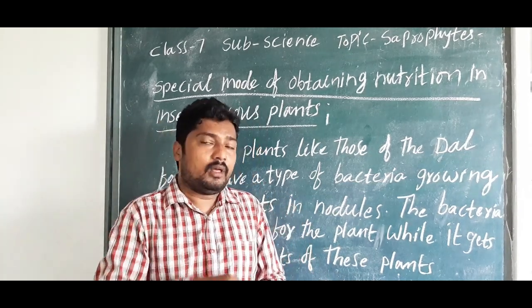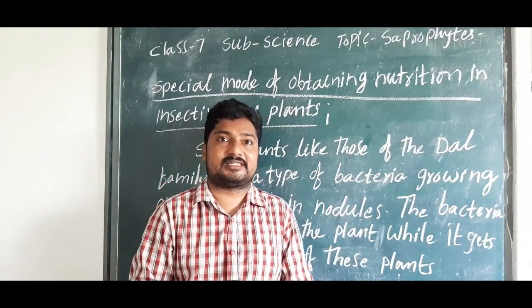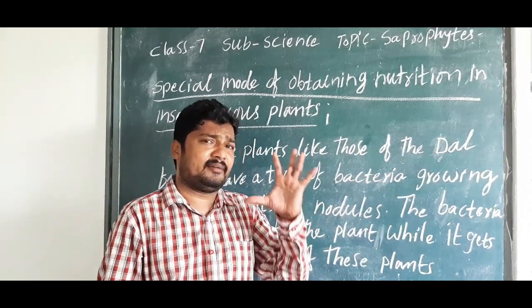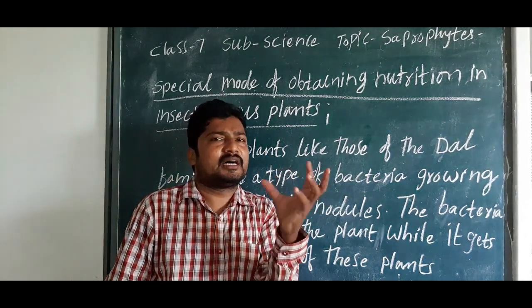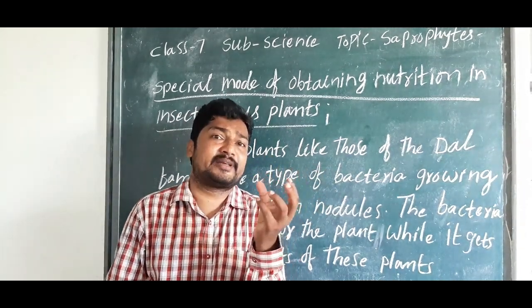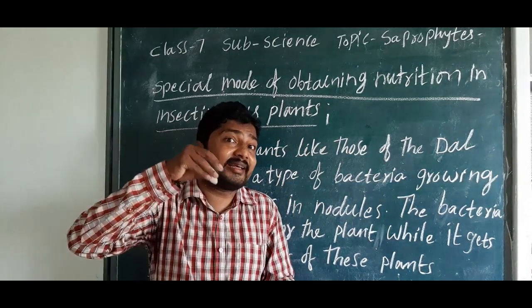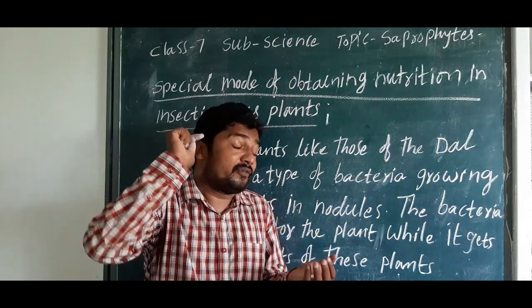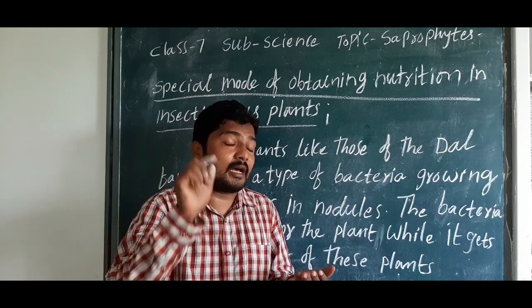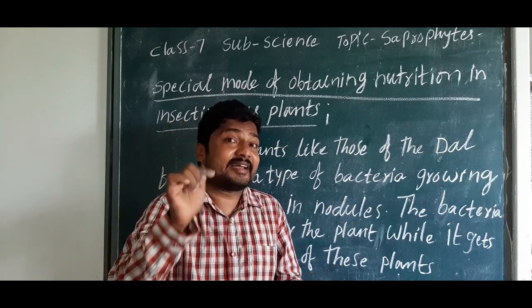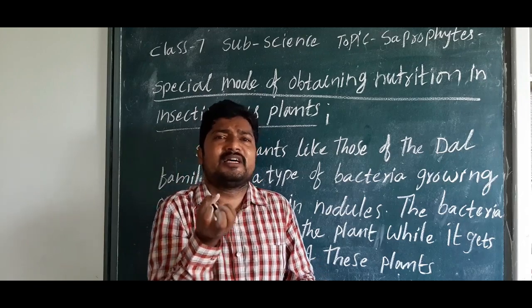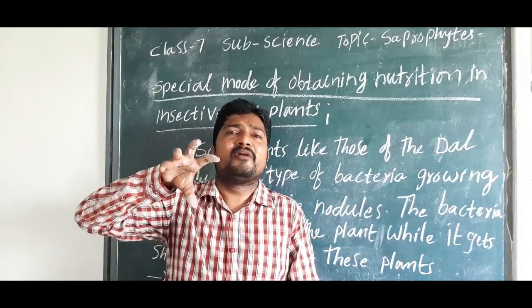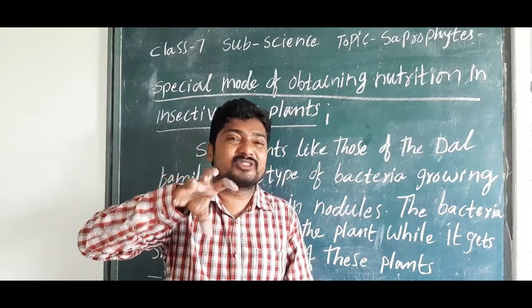For example, take the nepenthes. When you see the plant, it looks like a nest with thorns inside. If any insects go inside, they are attracted towards the plant.